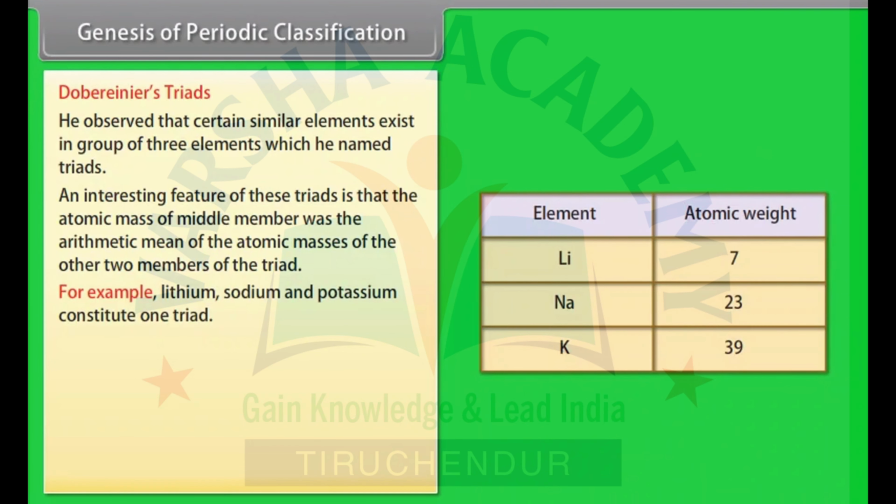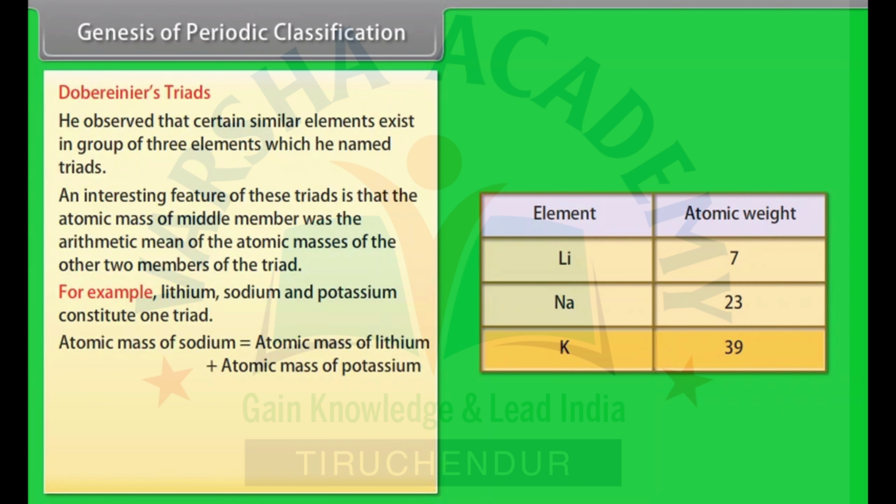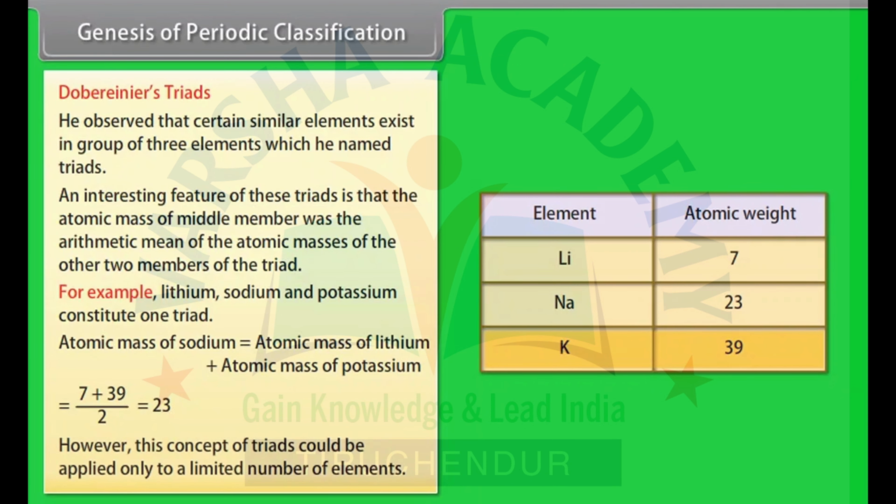For example, lithium, sodium and potassium constitute one triad. Atomic mass of sodium is equal to the mean of the atomic masses of lithium and potassium, that is, 7 plus 39 by 2, which is equal to 23. However, this concept of triads could be applied only to a limited number of elements.